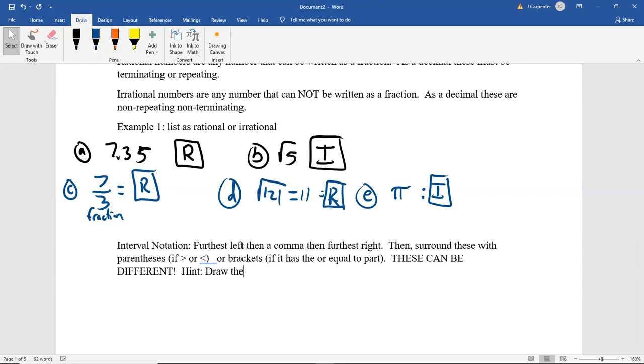Hints: draw the number line as easily as possible.